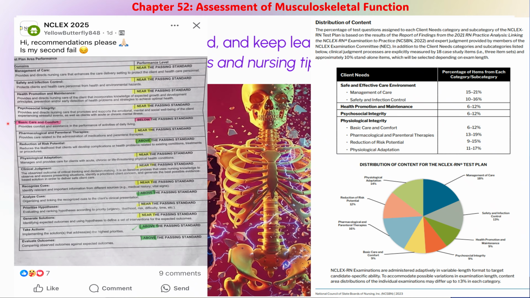So, basic care, like here in this pie. On the NCLEX, basic care and comfort is 6 to 12%. A select-all-that-apply question can have one or two or even three items about basic care and comfort.